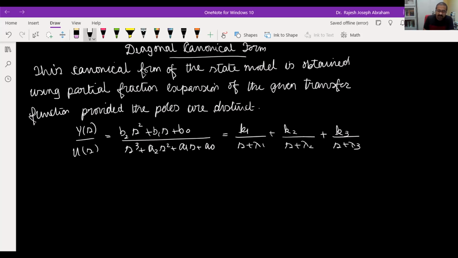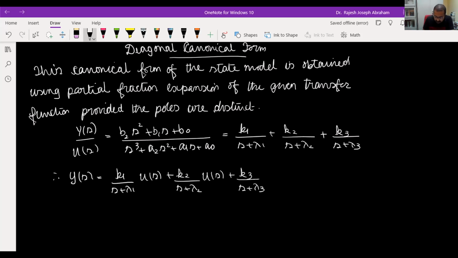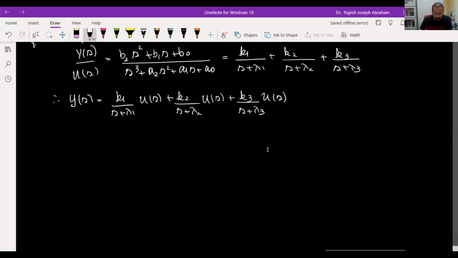So what will be Y of s from this? Everything into U of s. Therefore Y of s is equal to k1 by s plus lambda 1 into U of s, plus k2 by s plus lambda 2 into U of s, plus k3 by s plus lambda 3 into U of s. Now I will call U of s by s plus lambda 1 as X1 of s, U of s by s plus lambda 2 as X2 of s, and U of s by s plus lambda 3 as X3 of s.